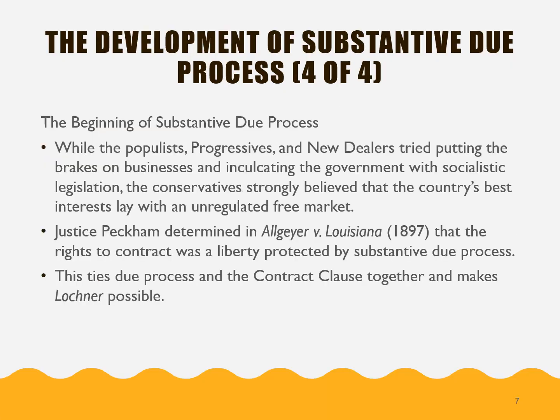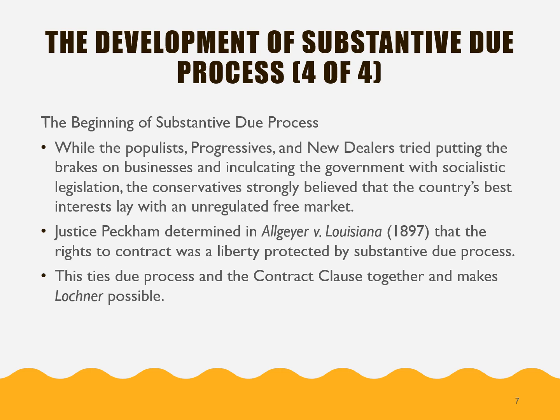Justices saw it as their role to put a brake on the reform interests of populist progressives or New Dealers who were trying to inculcate the government with socialistic legislation. The conservatives on the court strongly believed that the country's best interests lay with an unregulated free market.